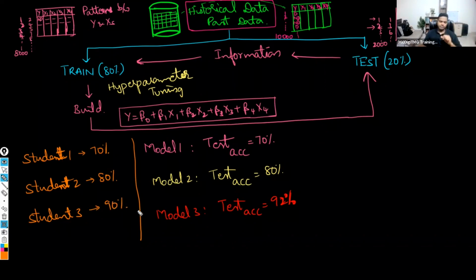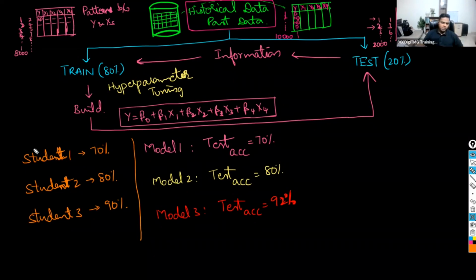In their final exam, all 3 are in the same class. I mean, they belong to the same standard. For example, everyone was in 10th standard. When can you say that student 3 has done an exceptional job or has got the highest percentage? When can you say that?